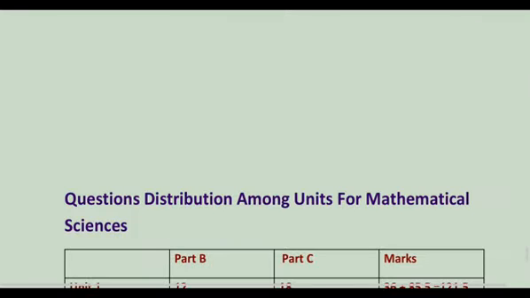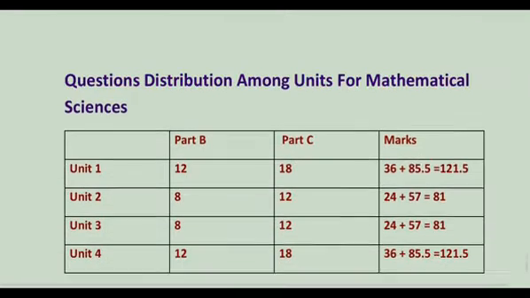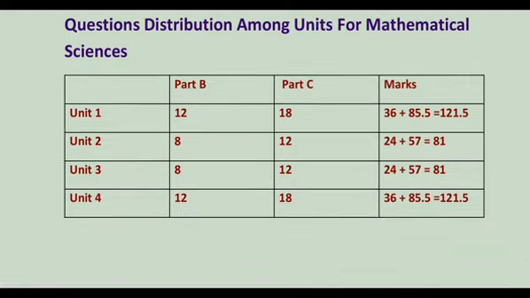Now let us see the distribution of questions among units for mathematical science. Unit 1 usually contains 12 questions in Part B and 18 questions in Part C. So the total marks from this unit is 36 plus 85.5, which is equal to 121.5.